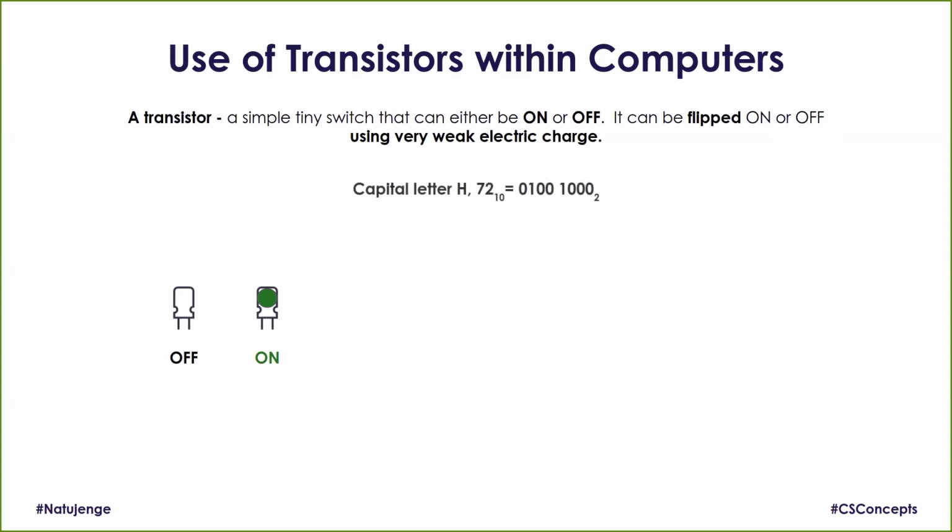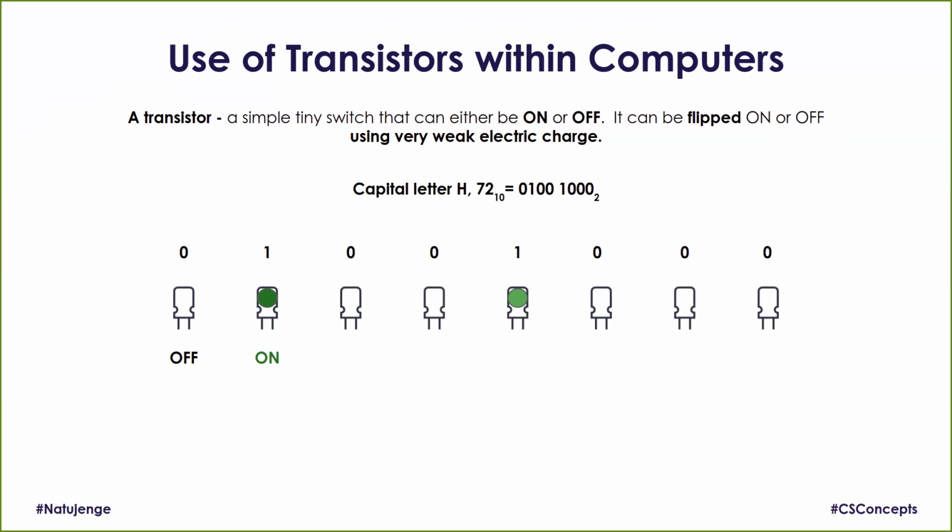So in the event you want to send a number 72 or to store a number within the computer circuitry, then we need 8 transistors, and each of them will be represented as shown on the screen. The second one to the left is on, and the 5th transistor will also be set to on.